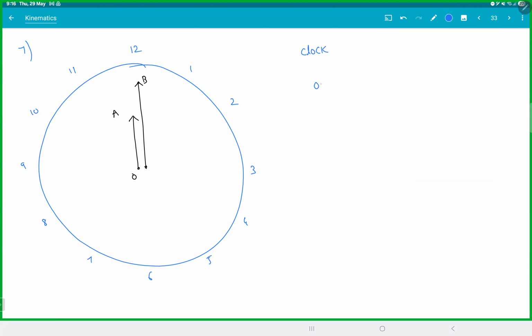OA is your hour hand, whose length is 1 meter, big clock. OB is your minute hand, 2 meters.